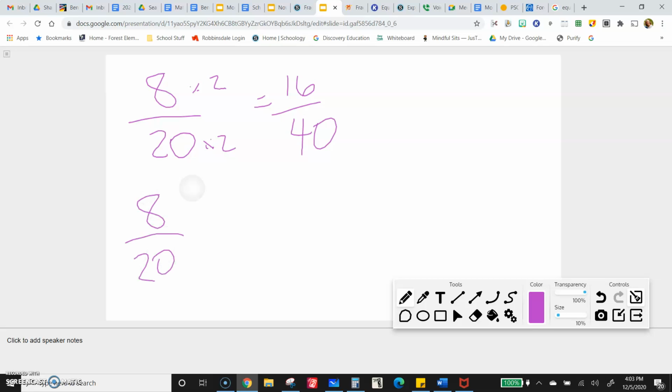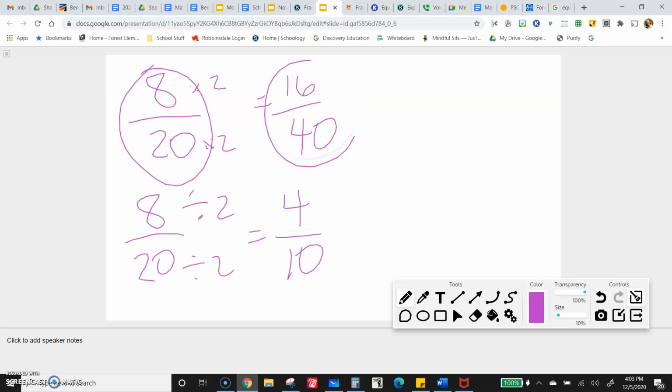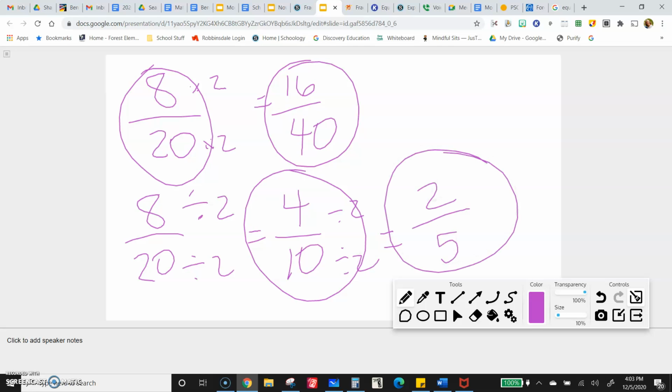If I divide by 2, just like we do on our calendar math, I get 4/10. That is also equivalent. So all of these are equivalent to one another. Now I could divide again by 2, giving me 2/5, also an equivalent fraction. And because that's the smallest it can go, that's also what we call simplified.